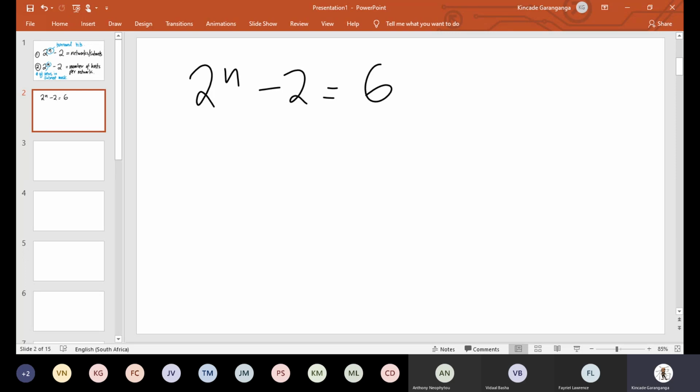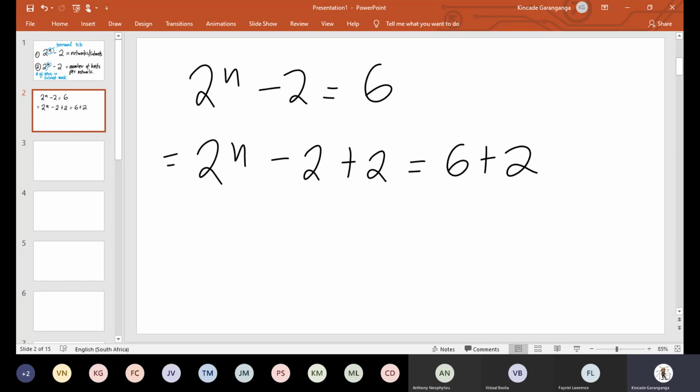Making it the subject of the formula, we add 2 to both sides. So 2 to the power n minus 2 plus 2 gives us 2 to the power n. And what you do on the left-hand side, as you'd know from a mathematical point of view, needs to also be undertaken on the right-hand side. So 2 to the power n plus 2 is equivalent to 6 plus 2, one and the same thing.